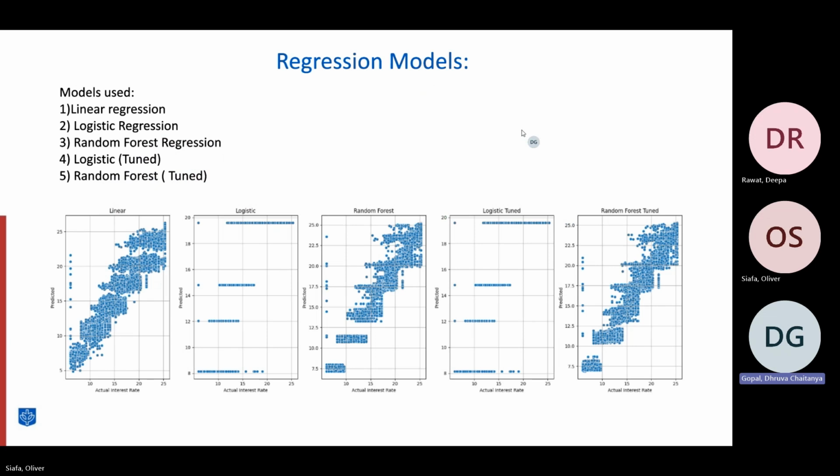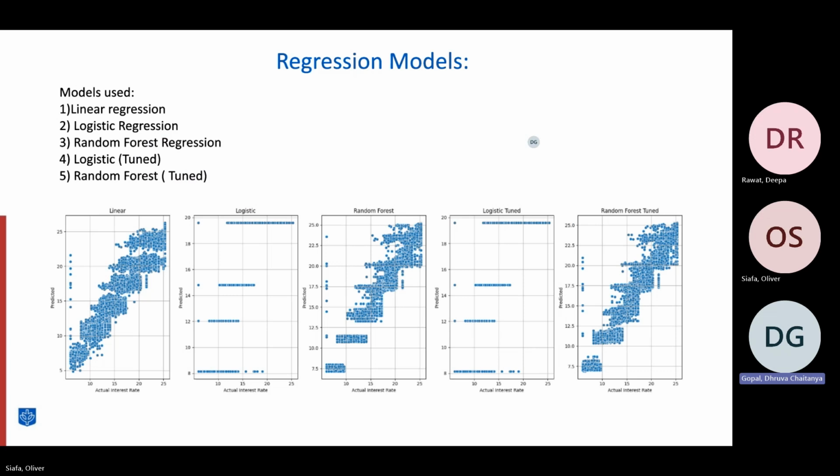Coming to the next slide. We have used five different regression models: linear regression, logistic regression, random forest, and also tuned logistic regression and tuned random forest.